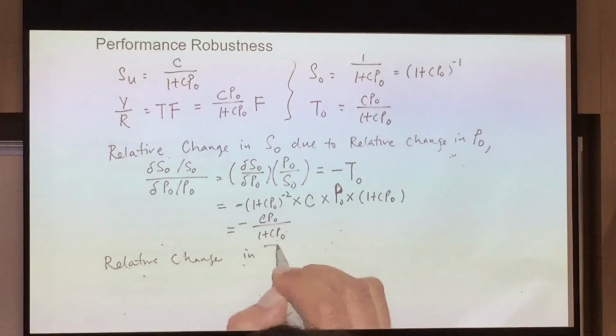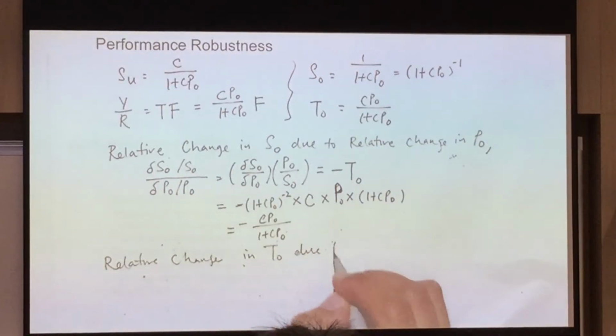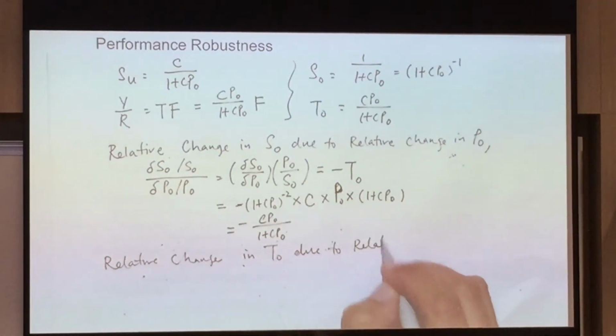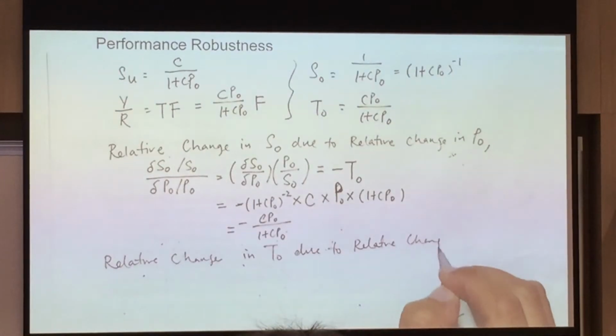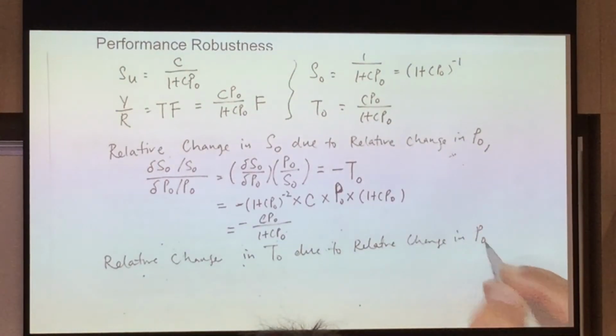Relative change in T naught due to relative change in P naught. So how does the complementary sensitivity function change?